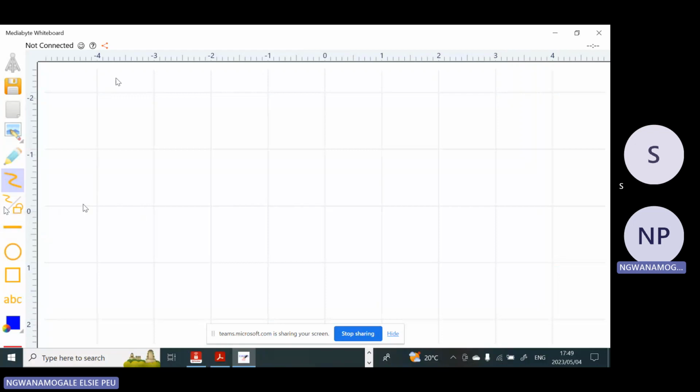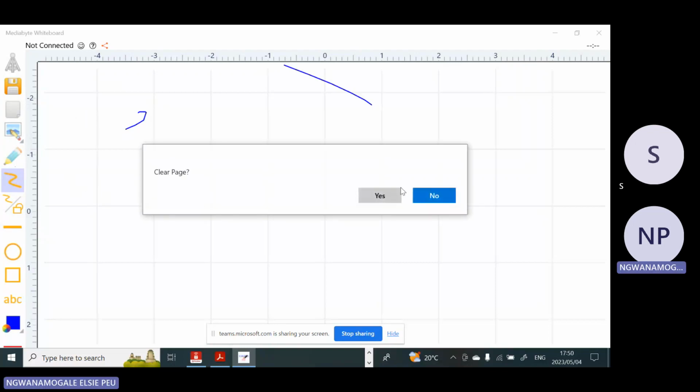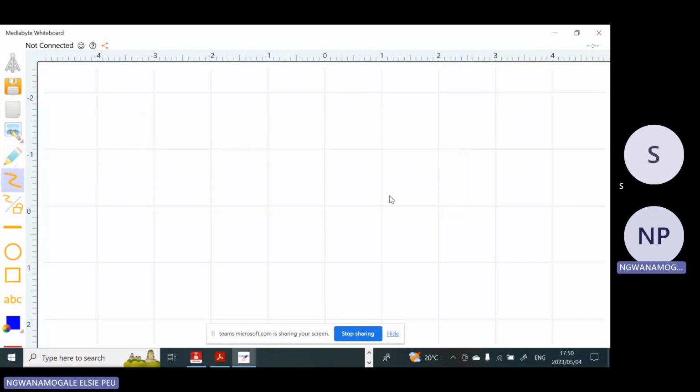I was showing you one of the sequences: I wrote the first one, 2, 4, 6, 8, 10, going upwards.